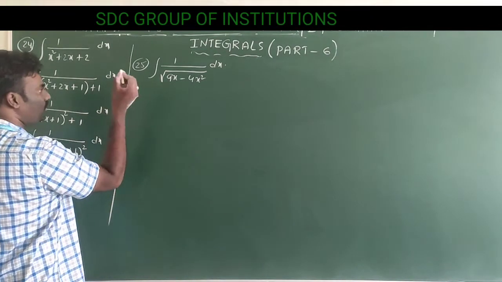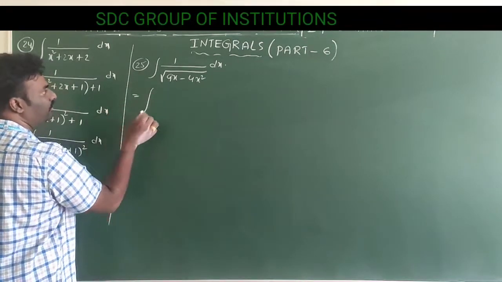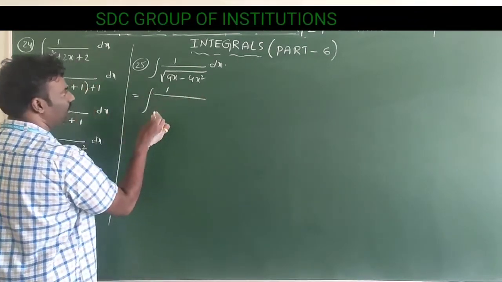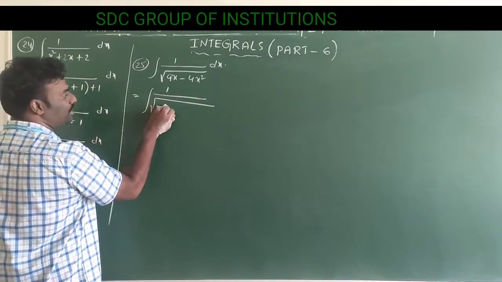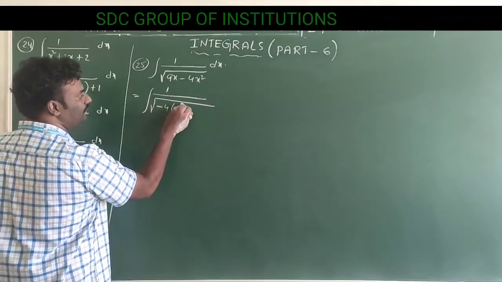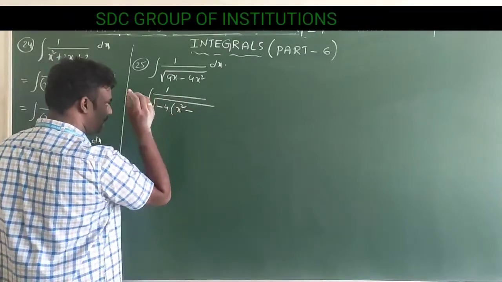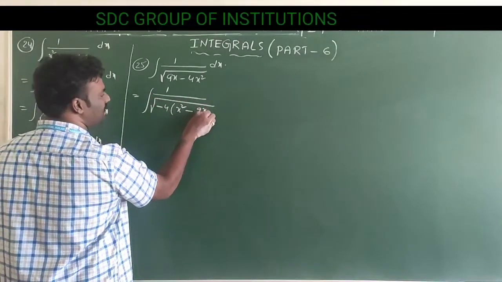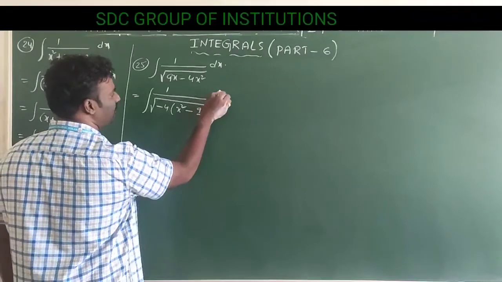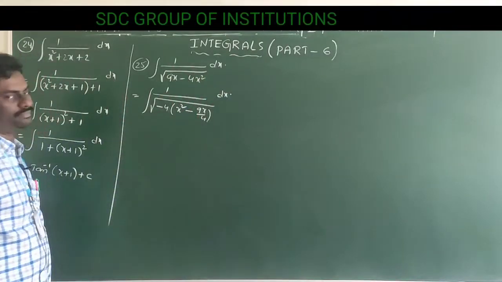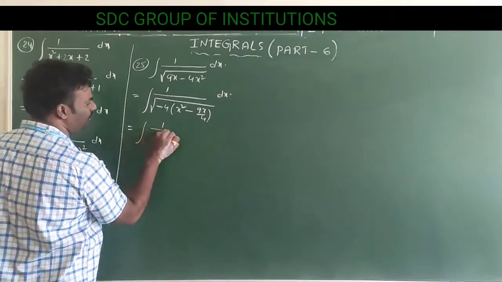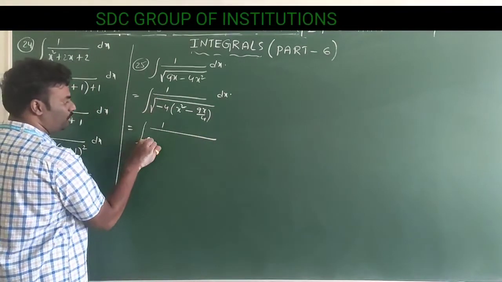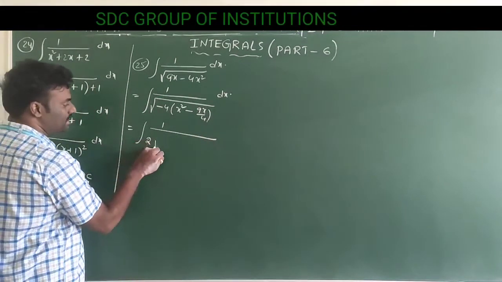Now we can do 1 by under root of, I can take minus 4 common, x square minus 9x by 4 dx. Okay. Now 1 by the root of, the 4 comes outside and becomes 2, minus is as usual.